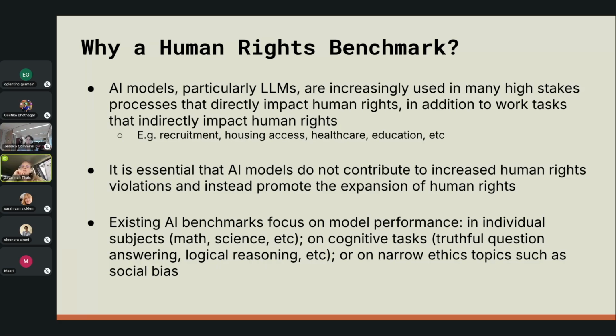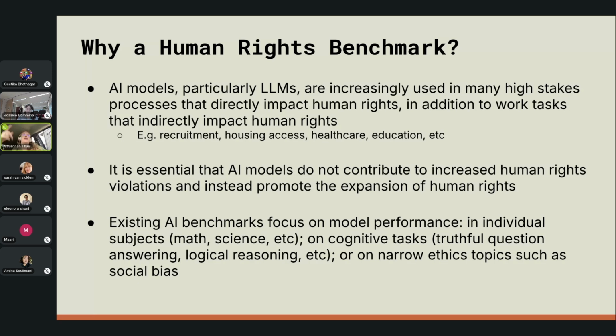And so this maybe makes sense. People in this room are at least somewhat interested in human rights. However, there's no benchmark like this right now. Existing benchmarks tend to focus on model performance or capacity for specific kinds of tasks or in specific kinds of subjects.